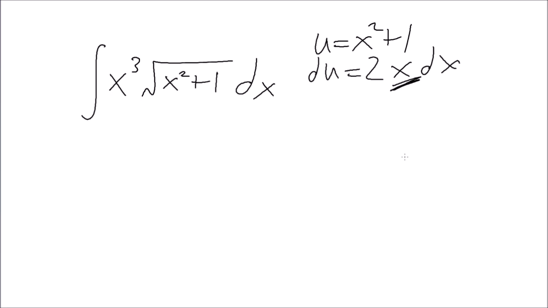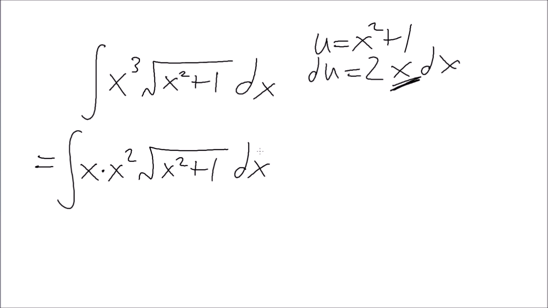Well, technically you do have an x. It's just kind of camouflaged. In a way, x cubed is x times x squared. And you're probably thinking, okay, but what about this x squared? Our u is equal to x squared plus 1.